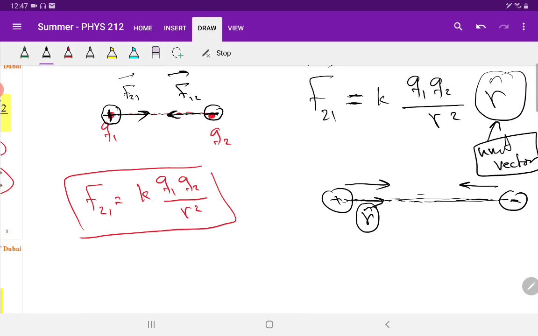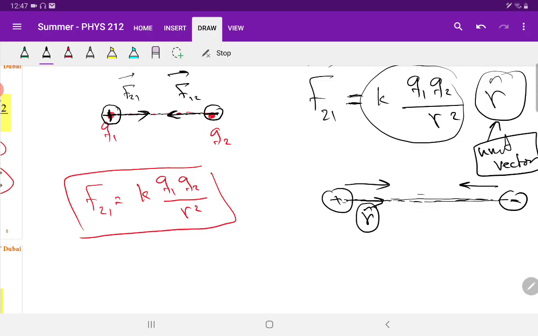After we identify the direction, all we need to define is the magnitude. So the way we solve this type of problem is, we first sketch the two points based on the position described in the question. Then we identify the direction of the force from the type of charge we have.